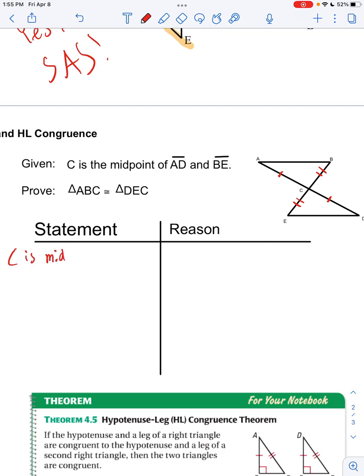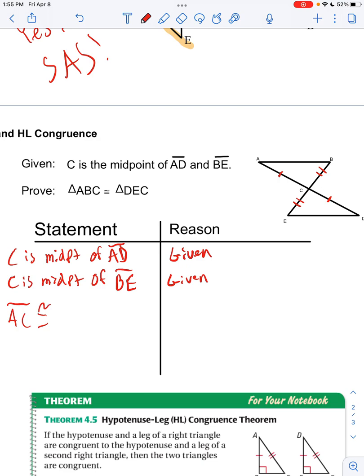So C is midpoint of AD. So I'm going to just do 2. C is midpoint of BE. And now I'm going to say that segment AC is congruent to segment DC.